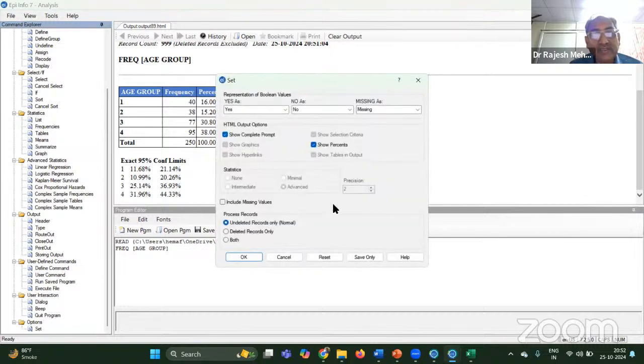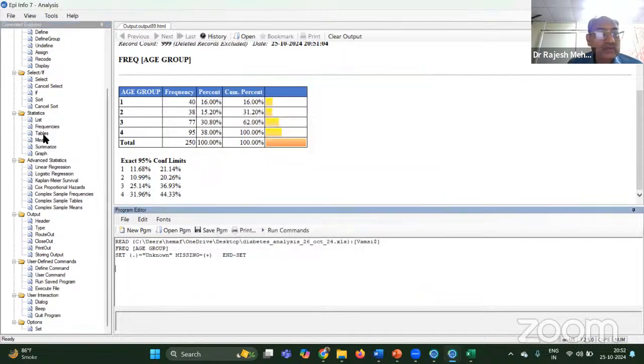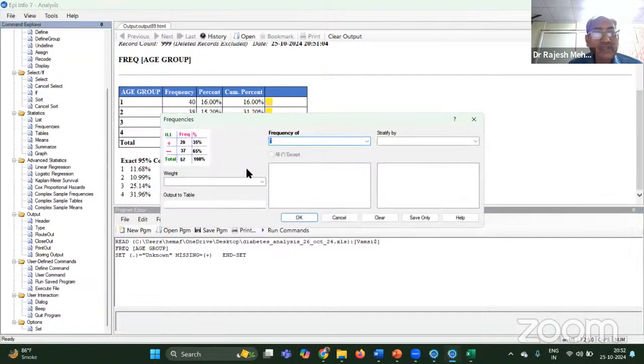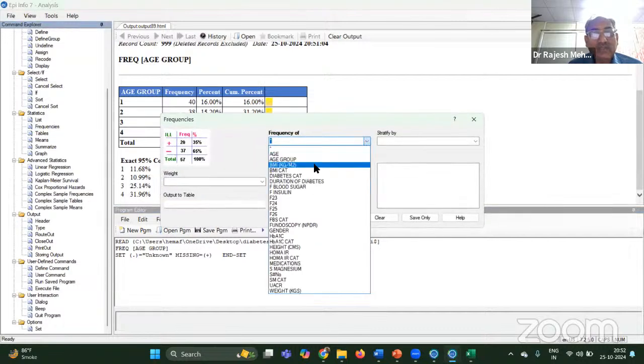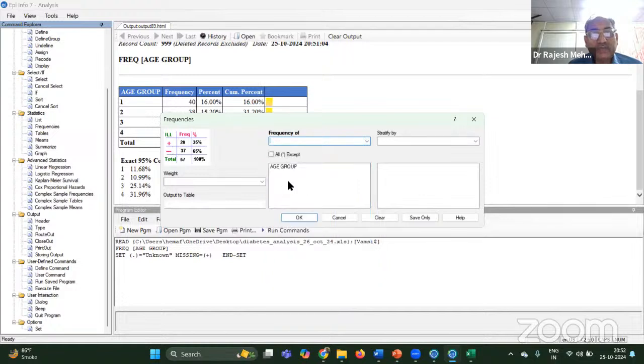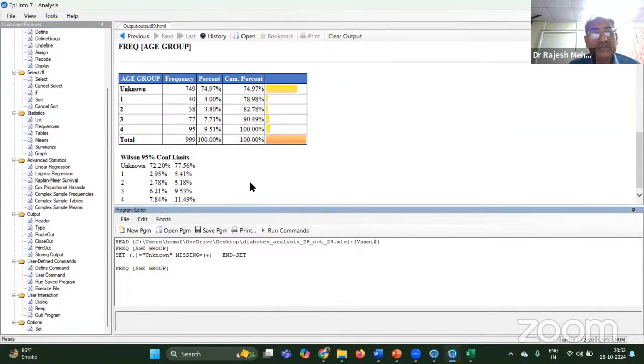If you add frequency upon age group, you can see that 749 missing records are there. So it is reading the Excel file, but the blank rows are there.